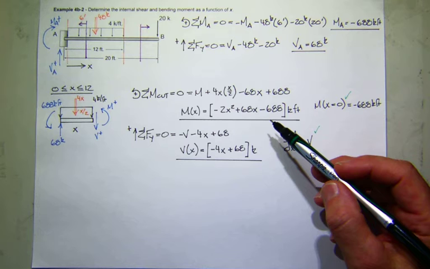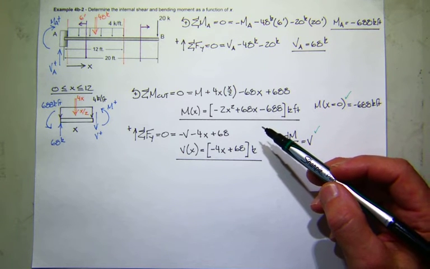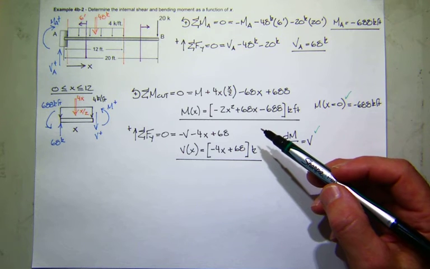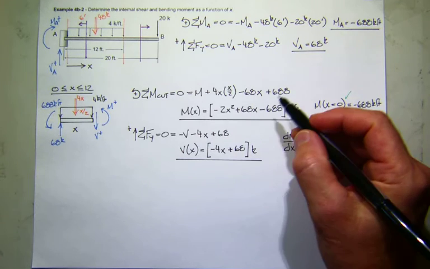You could totally botch the moment, correctly take the derivative, and totally botch the shear. All right? I think that's a safer path to increase your likelihood of success. Unless you're super confident, which I know you guys all are, that you got your moment right.